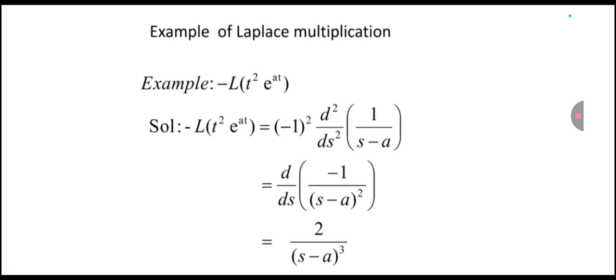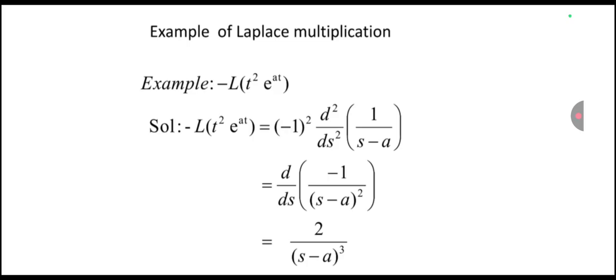Now we are going to differentiate this twice. We'll get the result. So minus 1 the whole square is plus 1 into d by ds of 1 by s minus a. When you differentiate this one, we'll get minus 1 by s minus a the whole square. This was first differentiation.